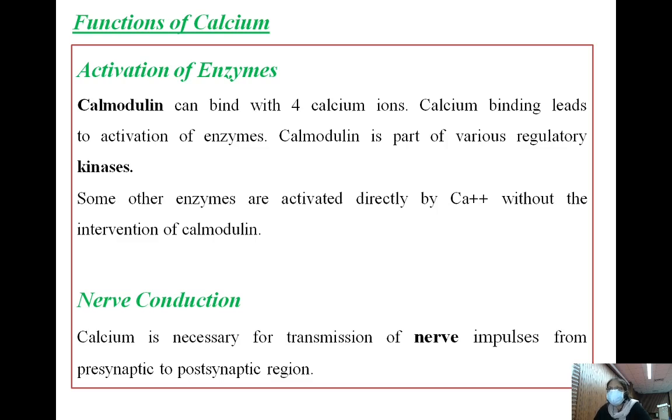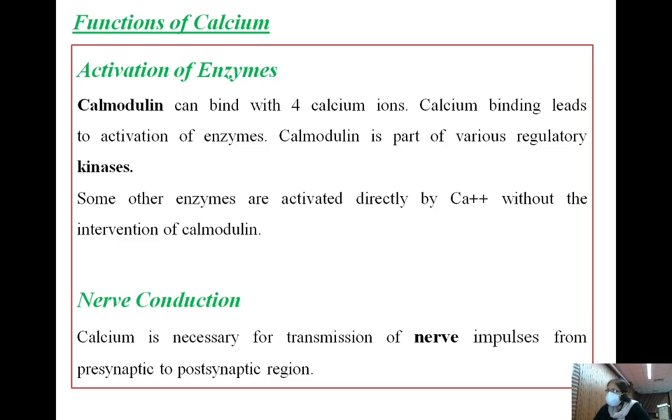Calmodulin is a protein which can bind 4 calcium ions. Calcium binding leads to activation of the enzyme. Once calmodulin binds with the 4 calcium ions, this binding leads to activation of the enzyme.